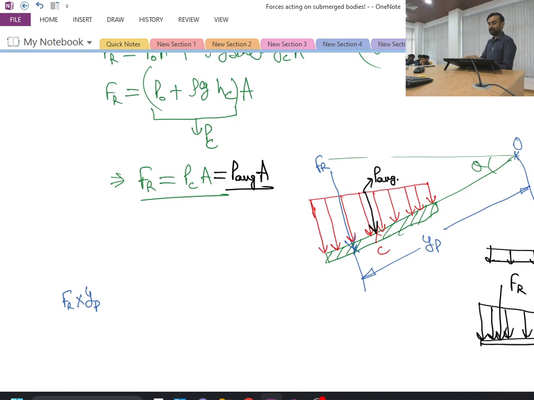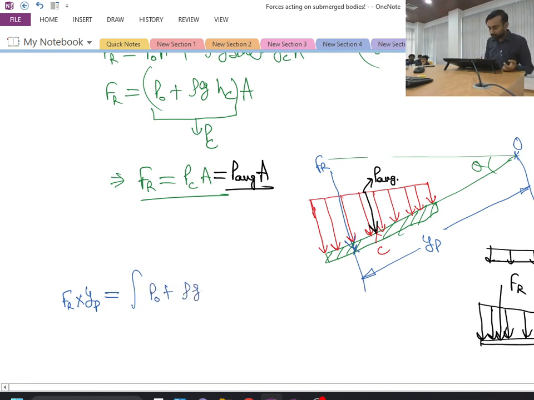Here, the nature of the pressure force is that it acts normal to the surface, so automatically the angle is 90 degrees. So Fr into yp will be equal to, now what is the magnitude of the distributed force? The magnitude of the distributed force is (P naught plus rho g y sin theta) into dA. Up to this is force only.